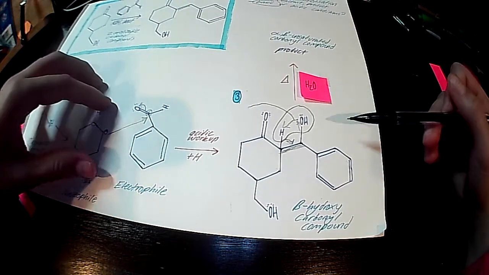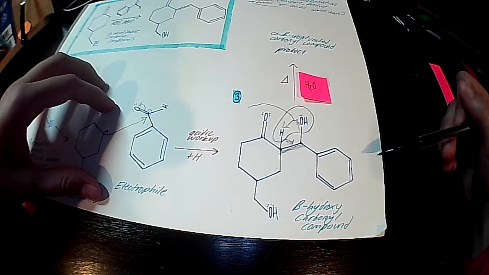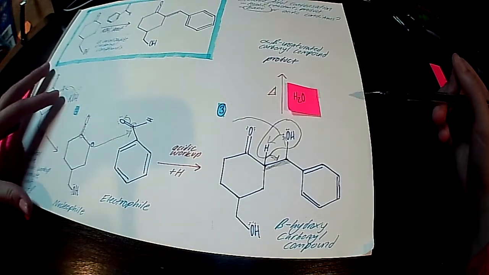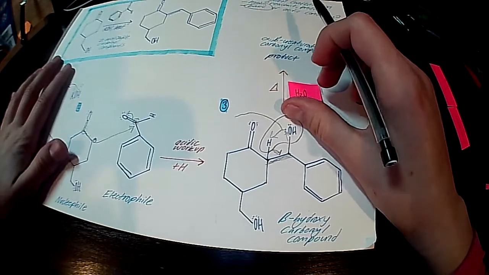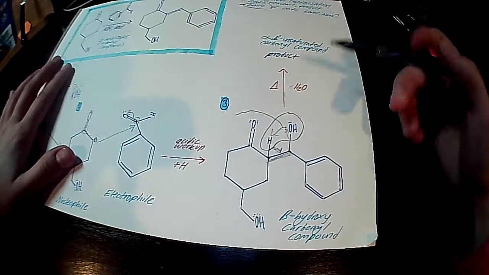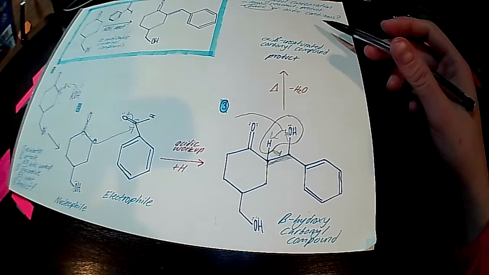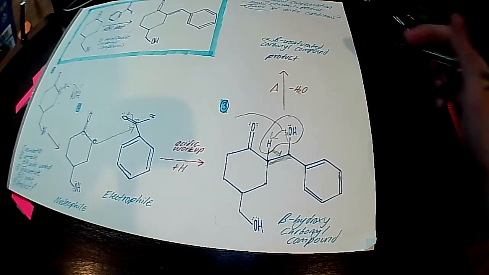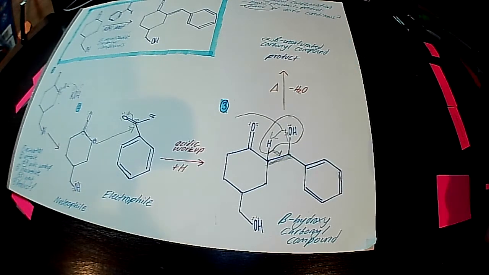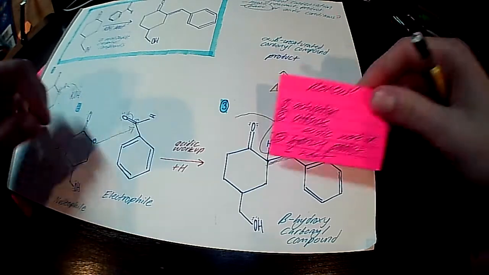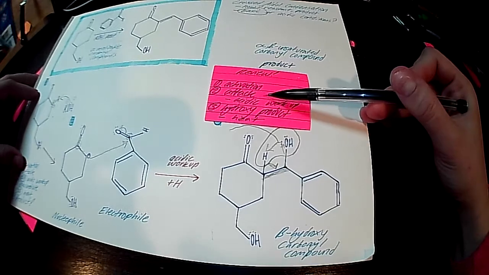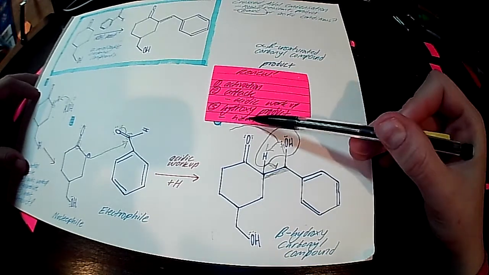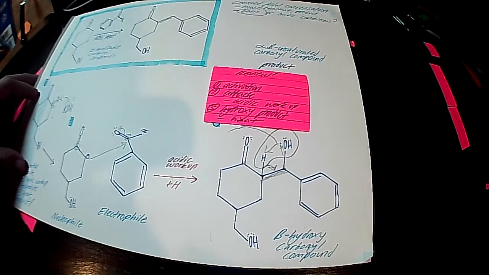Now, if this was an aldol addition, we would be done here, but we're not because it's a condensation. And so our last step is to remove the water, and then we have our resulting unsaturated carbonyl compound, or alpha beta unsaturated ketone. So activation, attack, acidic workup to build the hydroxy product, and the heat to get your product.